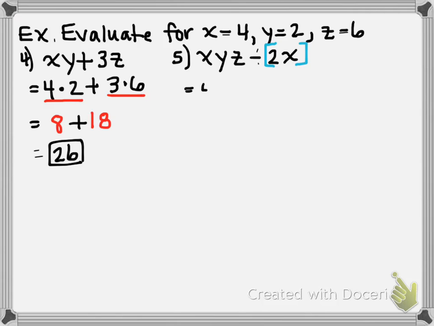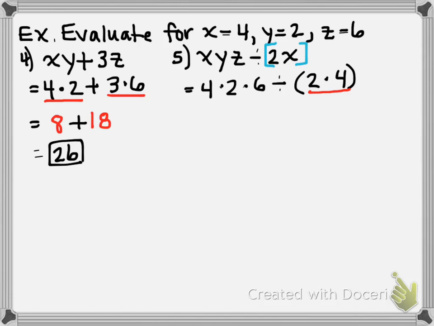Okay, so as I'm going through this, I'm going to go ahead and replace all my numbers. So I have x is 4 times y is 2, sometimes my times don't show up real well on this, and z is 6 divided by the quantity, and just use parentheses here, 2 times 4. Okay, so order of operations, we have a grouping symbol, so we're going to go ahead and take care of that 2 times 4.